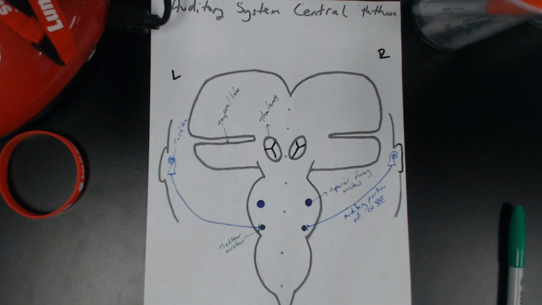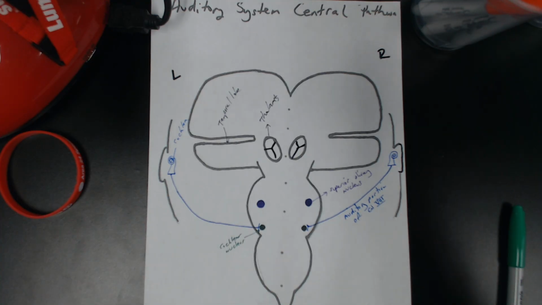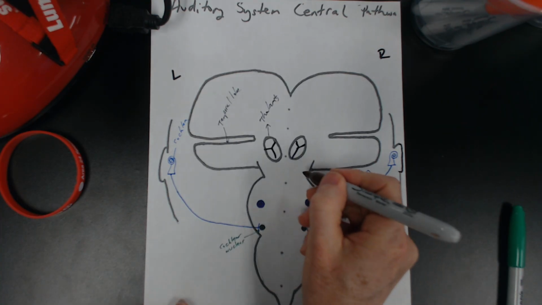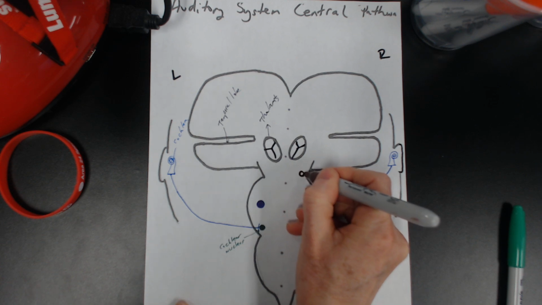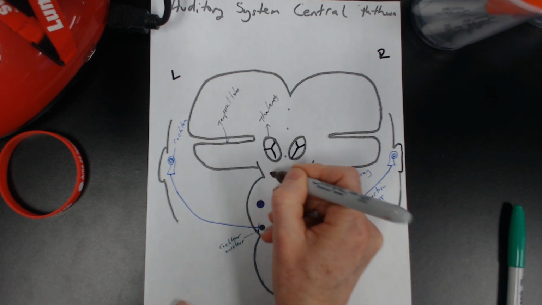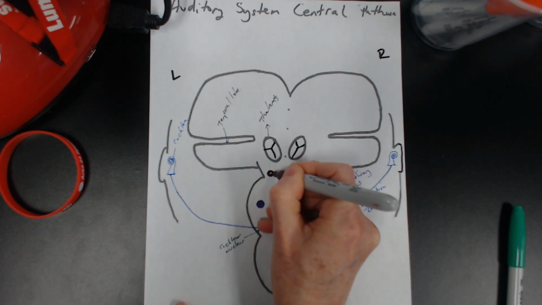Next player up, there's going to be at the region of the inferior colliculus. Okay, so your inferior colliculus is going to be here in the caudal midbrain. There's going to be a nucleus in the inferior colliculus.